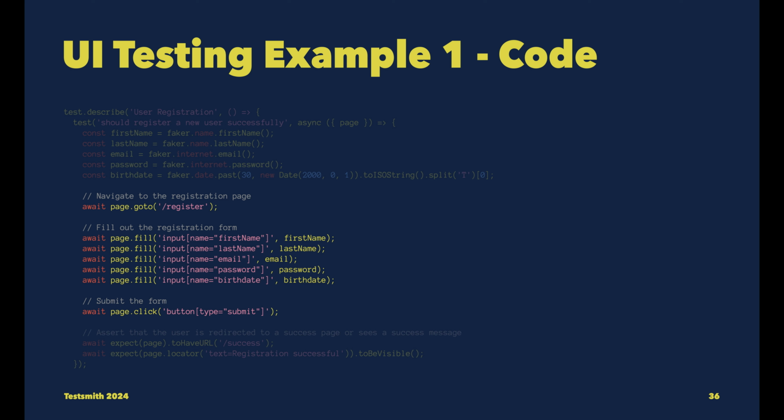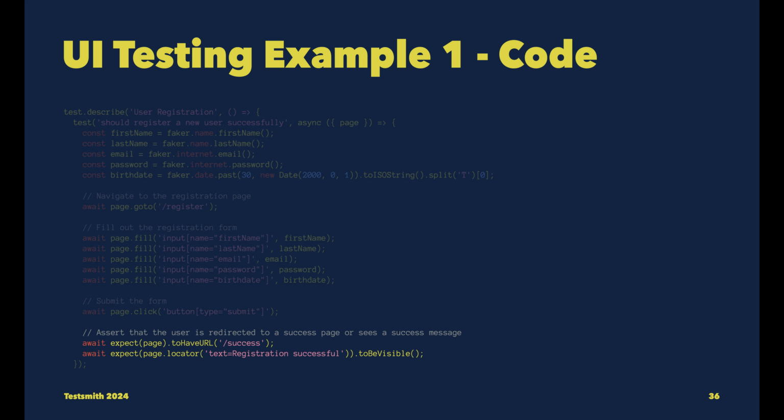These lines define the actions performed on the web page. First, the test navigates to the registration page using page.goto register. Then, the form fields are filled with the previously generated data using the page.fill function, which selects the input fields by their name attribute. Finally, the form is submitted by clicking the Submit button using page.click.